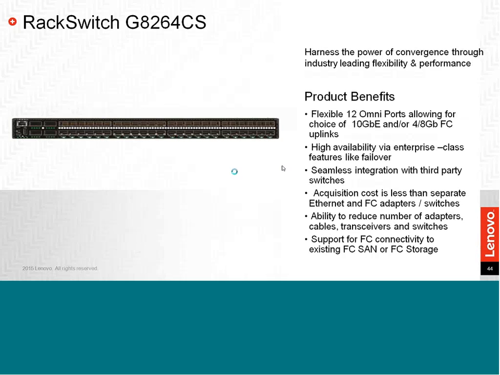So the difference between this and the previous 8264, the last 12 ports right here can be either 10 gig Ethernet or 8 gig fiber channel. So again, this could be a switch that would perform the FCF functionality. And of course, it has a peer switch in the Flex chassis called the CN4093, same number of ports and functionality.